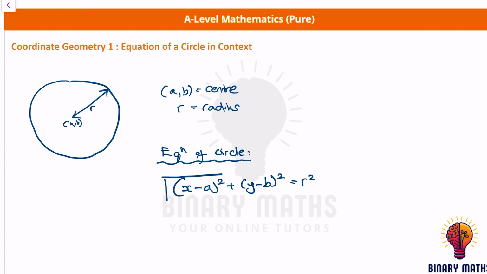So remember, it's equal to r squared, because a lot of people get it wrong and think it's equal to r. It's equal to r squared.